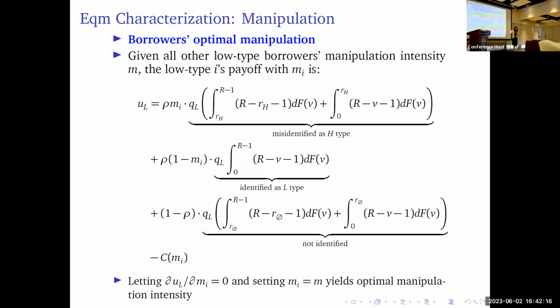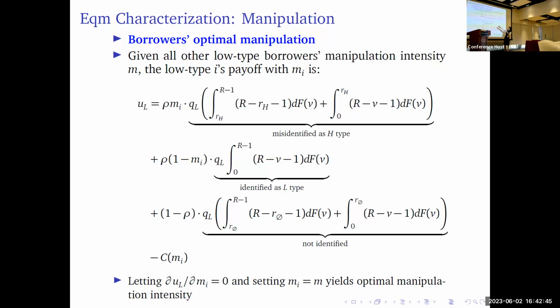So that is the optimal loan rate. And sorry about this equation, but this characterizes the borrower's optimal manipulation. The idea is quite simple. The borrower wants to decide how much to manipulate their digital profile. So he will think, okay, if I mimic, then with some probability I can be identified as a high type.